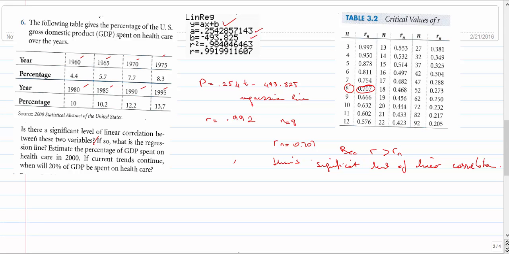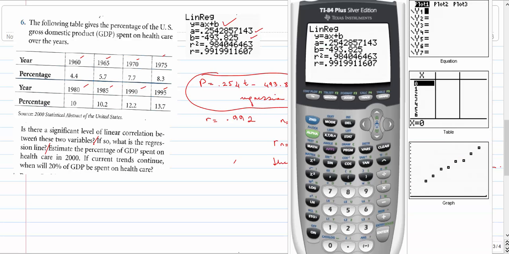Okay, and the next question was, if so, what is the regression line? This is the answer for my equation of my regression line. Okay, and let's go back here.